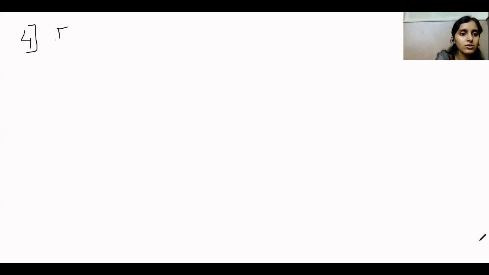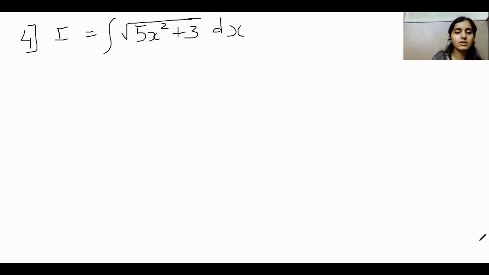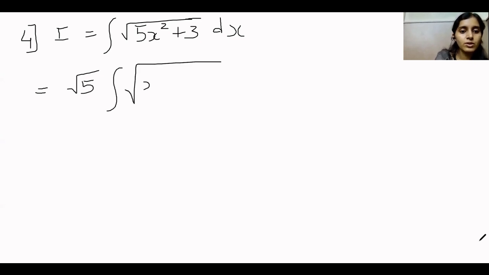Fourth one, I is equal to integration of root of 5x square plus 3. Okay, now this is pretty simple. I'll just show you the methods, and you can use it for the other sums. Root 5 we'll take common. So root 5 integration of root of x squared plus 3 upon 5.